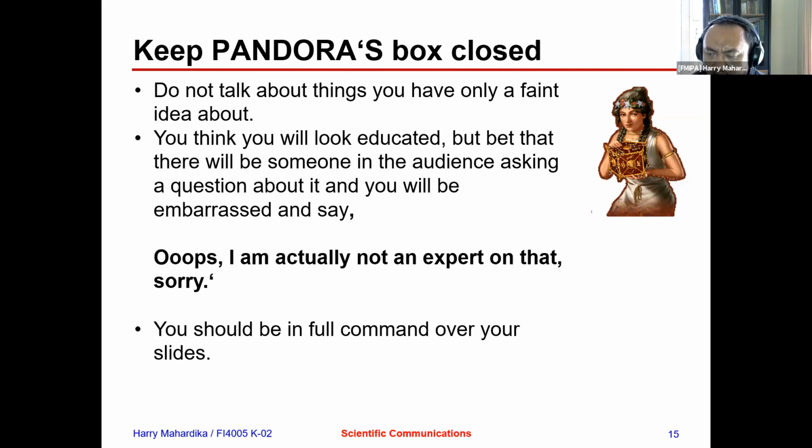No, never do that. Don't ever do that, because the listener or the audience has certain expectations of presenters. They expect presenters to be able to deliver the message even though the material itself is kind of hard or not easy to explain, for example.